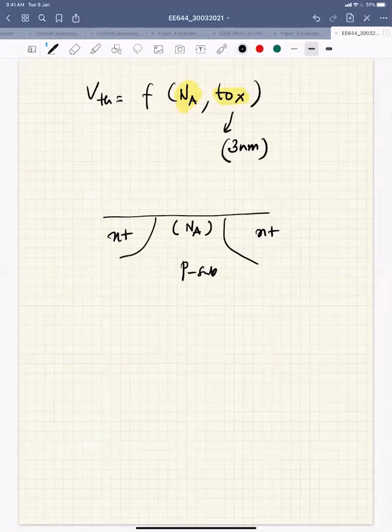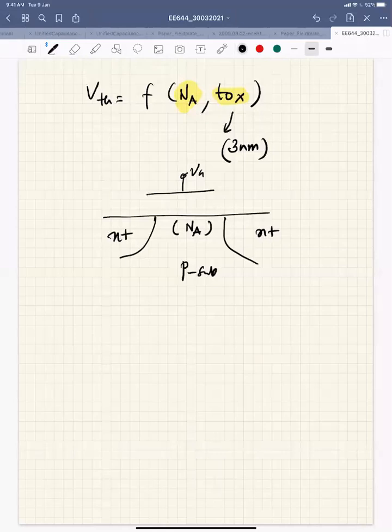If your substrate doping Na is higher, then definitely to invert, because what is the condition for inversion? Inversion is when the number of electrons on the surface equals the doping, right? So if the doping is high, that means you need to apply a higher gate voltage, right? That's the reason your VTH is higher.